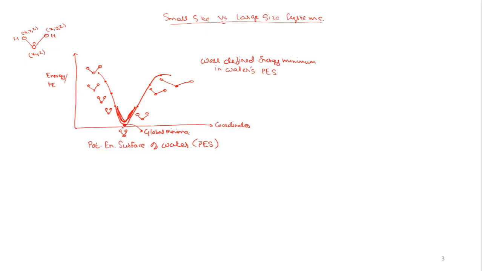Okay, so this approach will work very effectively only when one can observe that there is a definite minimum in the potential energy surface of the system, and the system is thus very small.